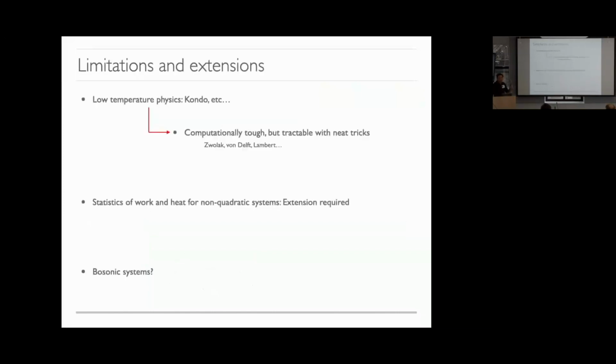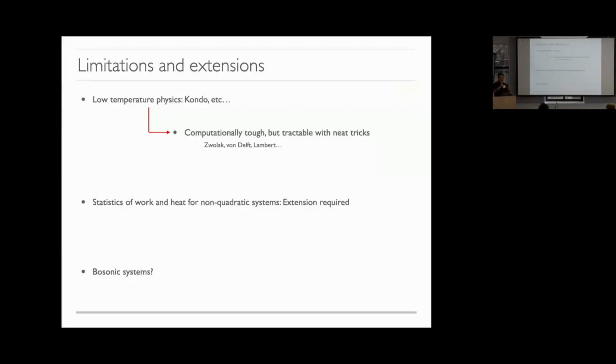If someone tells you about a new method and doesn't tell you about the limitations, they're either lying to you or lying to themselves. This is something that always worried me, low temperature physics, okay? The low temperature regime is the regime in which this method struggles. The reason being that at low temperature, the Fermi-Dirac distribution becomes sort of discontinuous.